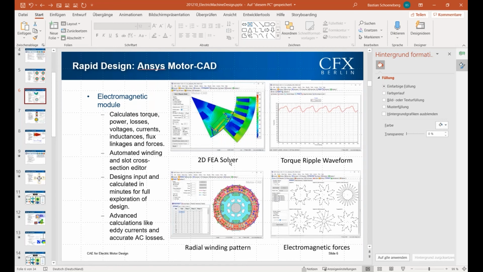Also, magnets have some electrical conductivity, so we can also have eddy currents in the magnets of the synchronous machine, for example.